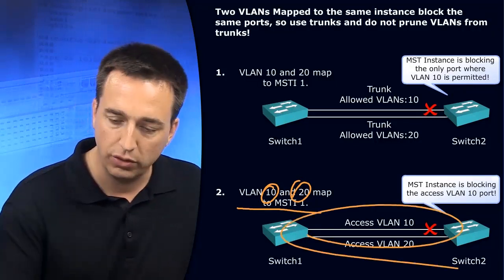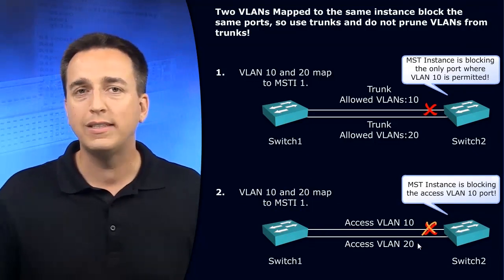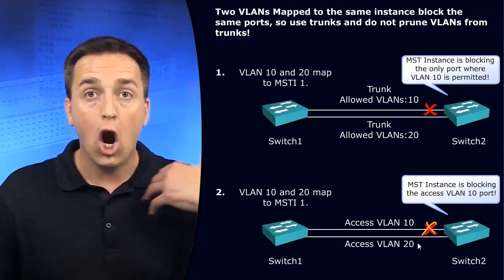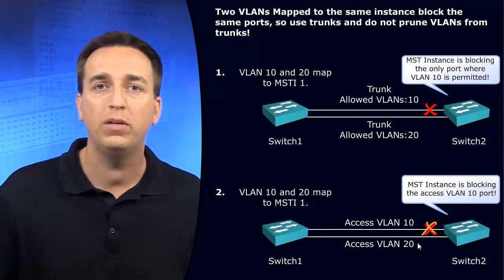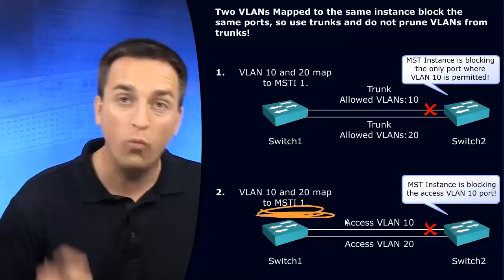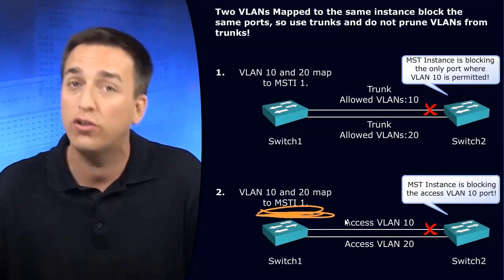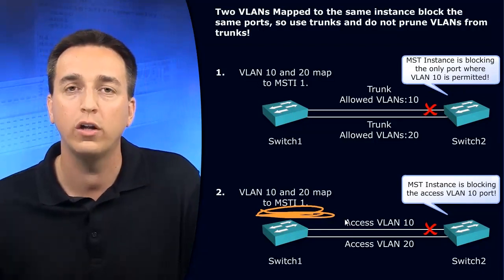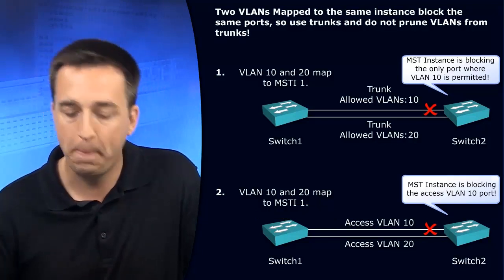And based on the decision-making process, it says, I got to block this here. So even though it's an access VLAN, and in our vision, we can see that there's no loop here because it's two completely different VLANs, MST sees it as one. MST1 with both VLAN 10 and 20, therefore there technically is a loop, according to it. So it has to prevent that loop from occurring.